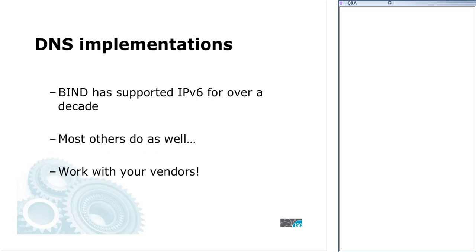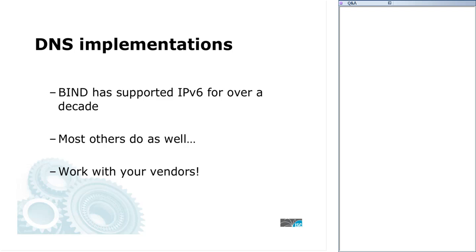Moving on, thinking a little bit about the DNS implementation, Bind has had support for IPv6 for over a decade, the Quad A record and the inverses as needed there. Most other mainline DNS servers also have support for IPv6. We are, however, working in relatively uncharted territory.